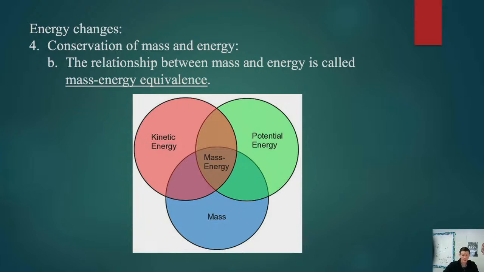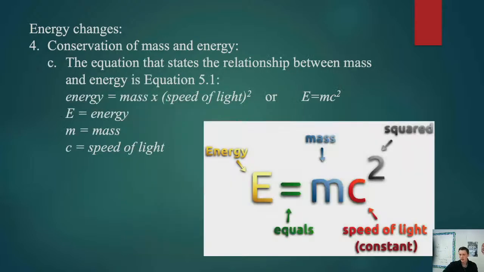Gotta love the equations. The equation that states the relationship between mass and energy is equation 5.1, which is this. Energy, or E, equals mass times the speed of light, which is represented as c. Mass is m.